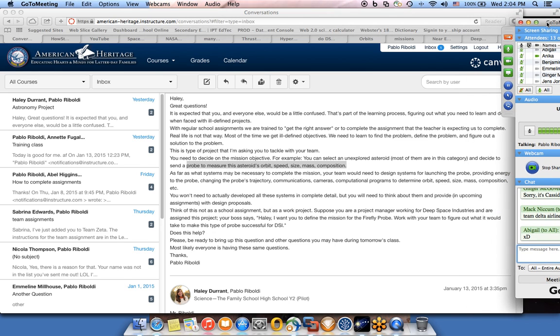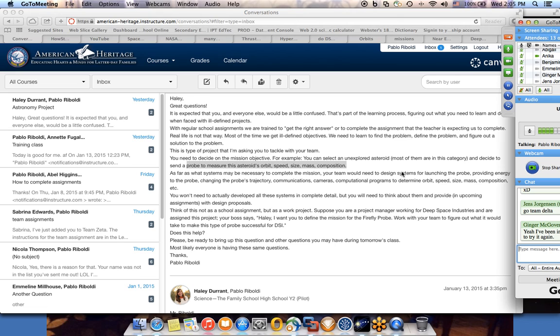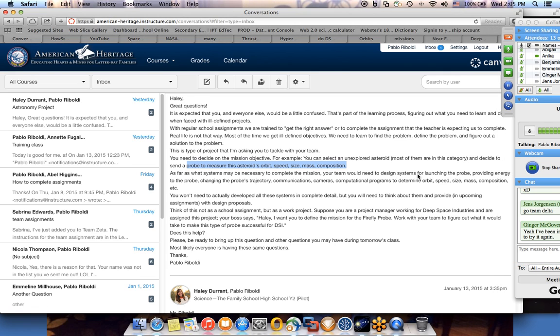The thing is that you need to decide as a team on what it is that you are going to do. As far as what systems may be necessary to complete the mission, there are going to be systems for launching the probe, other systems for providing energy to the probe, so solar panels, usually that is what they have.